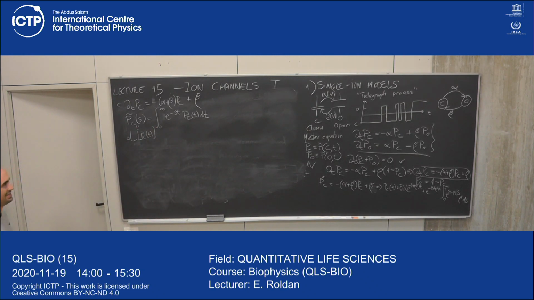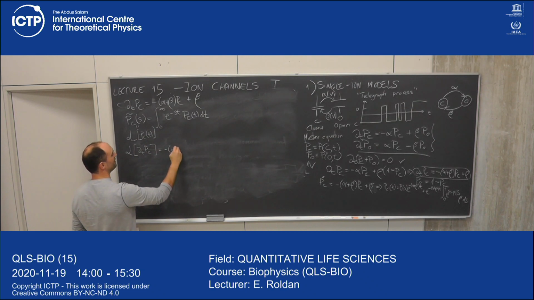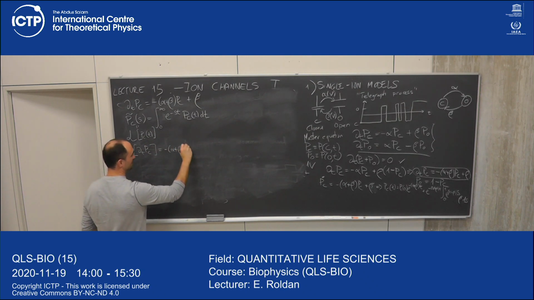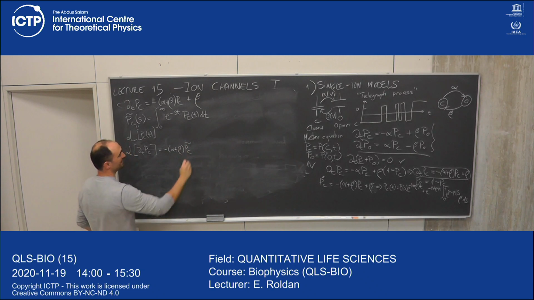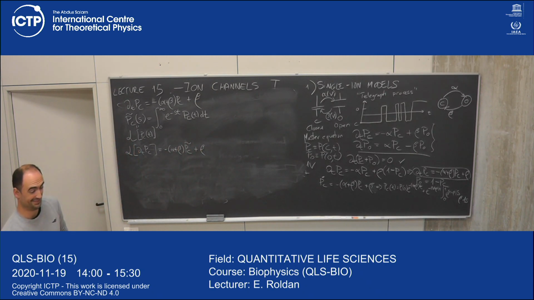Why do I tell you this? This is just a trick, so you know one more technique. I have this equation, and now I can do the Laplace Transform on the left and on the right. On the left, I do the Laplace Transform of partial t Pc. On the right, I have minus (alpha plus beta) times the Laplace Transform of Pc, plus beta times the Laplace Transform of 1. Do you know the Laplace Transform of 1?